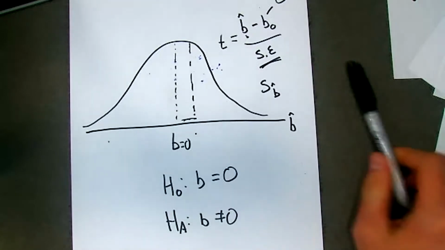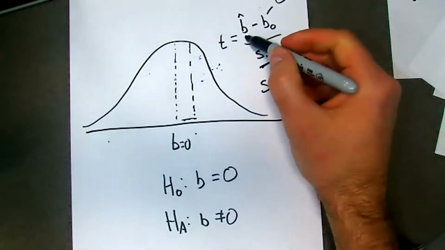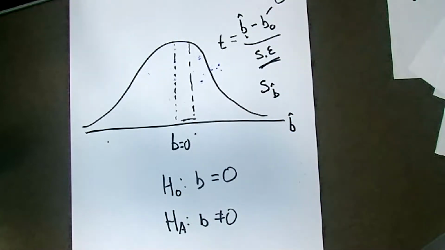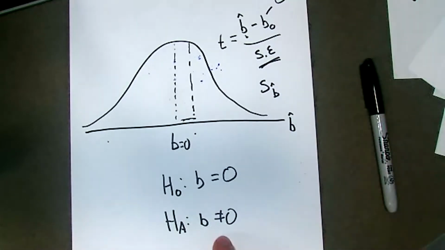So I can do the same approach: once I find that slope coefficient, I turn it into a test statistic, find the area in the tail, multiply it by 2 because it's a two-tailed test, and see if I can reject the null. If I can reject the null, what am I rejecting? I'm rejecting that there's no relationship.